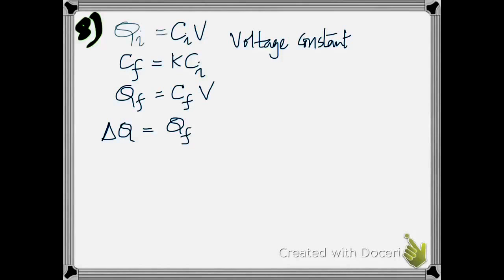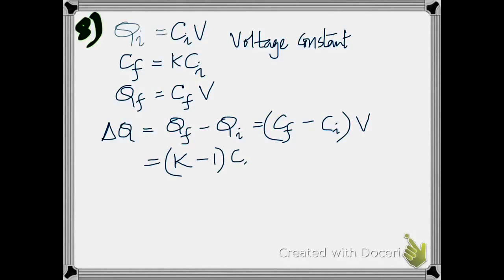Now to find the additional charge, take the difference between the final charge and the initial, which is mathematically Cf minus Ci, and Cf is KCi. So when you substitute for Cf as KCi, you can take out the common quantity, which is CiV, and then substitute mica.